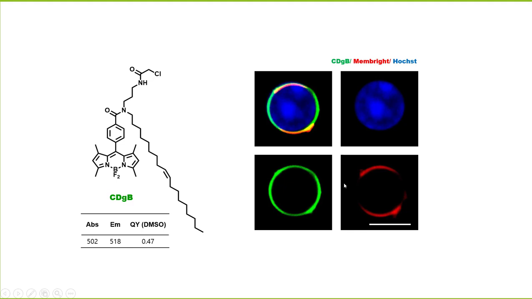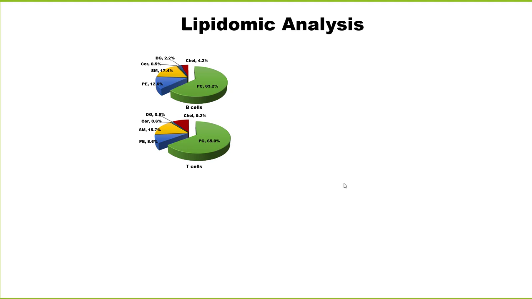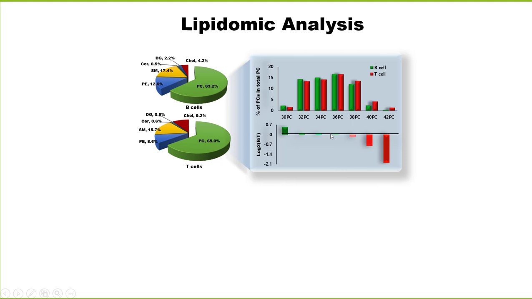Now we thought there are two possibilities. One is maybe membrane protein is the target, or maybe membrane itself may have some clues for the selectivity. Then we performed lipidomic analysis for T cells and B cells, and made two interesting observations.